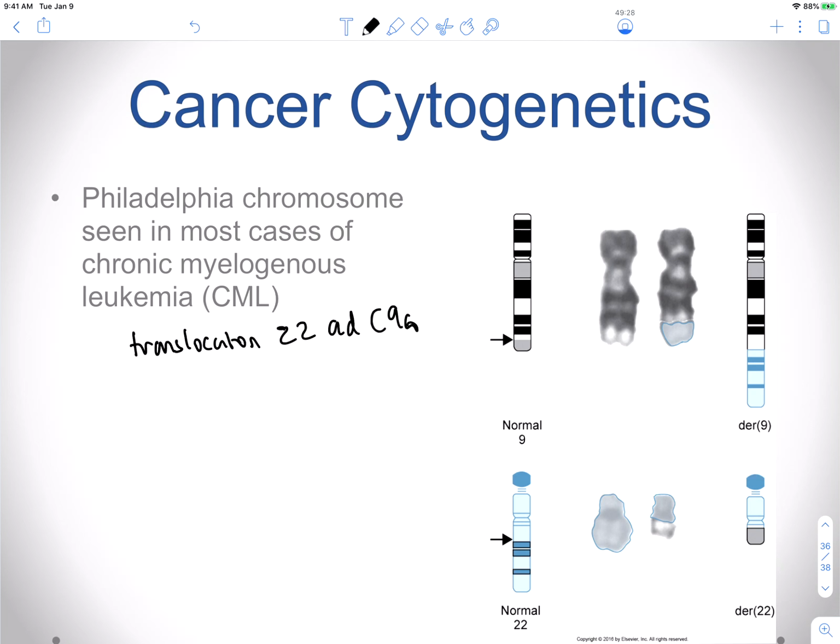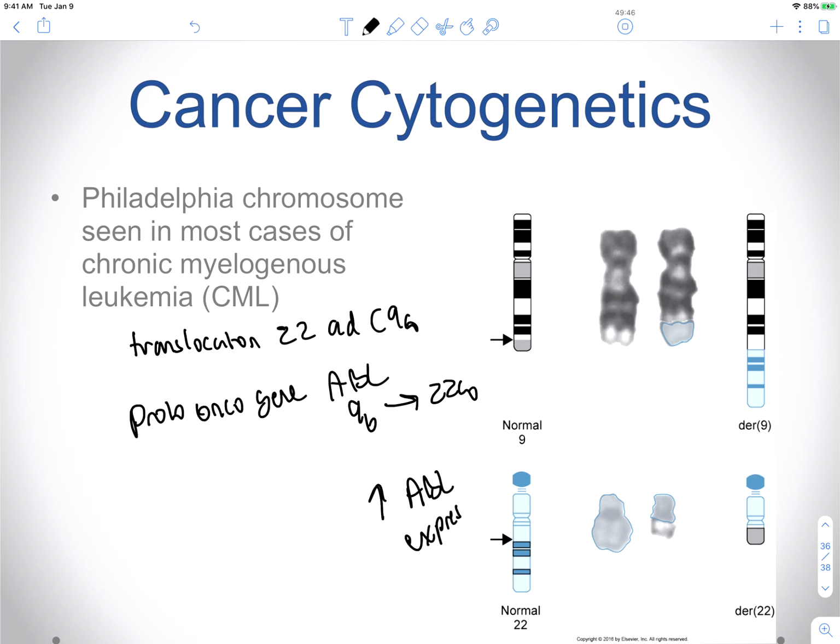What happens is you have the proto-oncogene ABL, and this is moved from 9q to 22q, and this is going to increase ABL expression. It's a proto-oncogene, and so it can lead to cancer. This is seen in most of your chronic myelogenous leukemia.